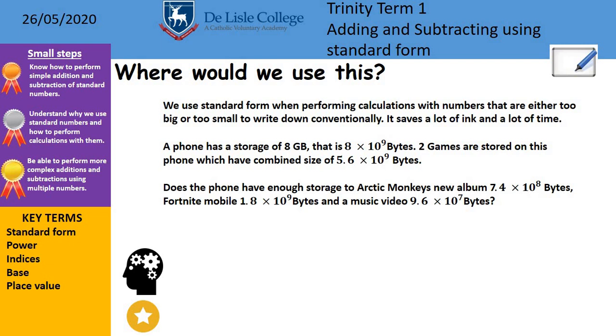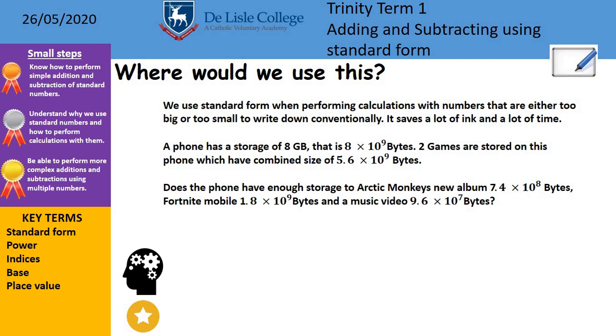If we stored some games on it, and they have a combined size of 5.6 times 10 to the 9 bytes, we now want to work out if there is enough storage to add an Arctic Monkeys album, 7.4 times 10 to the 8 bytes, a Fortnite mobile app, 1.8 times 10 to the 9 bytes, and a music video, which is 9.6 times 10 to the 7 bytes.